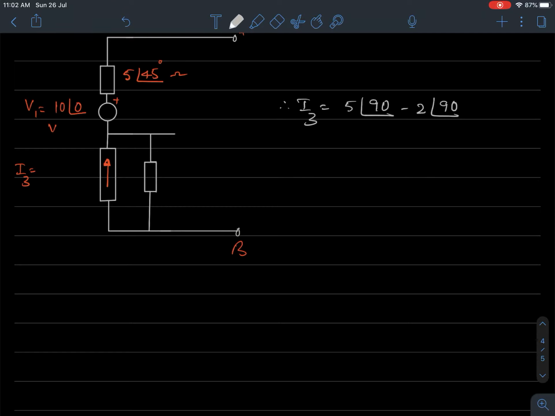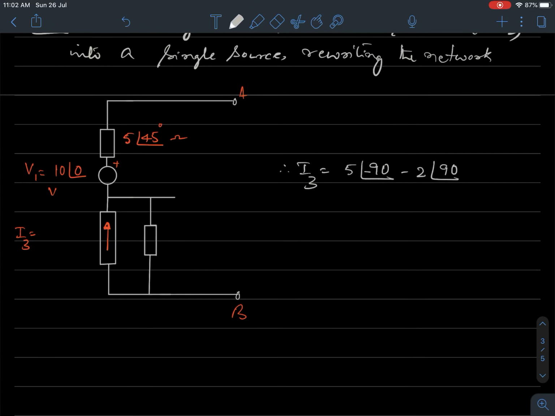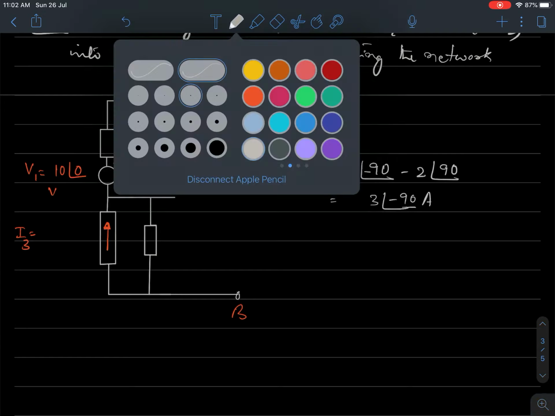Alright, 5 at an angle minus 90, right? I have to be careful with the signs. This is equal to, if I do it with the calculator, 3 at an angle minus 90 amperes. So I am able to get I3.